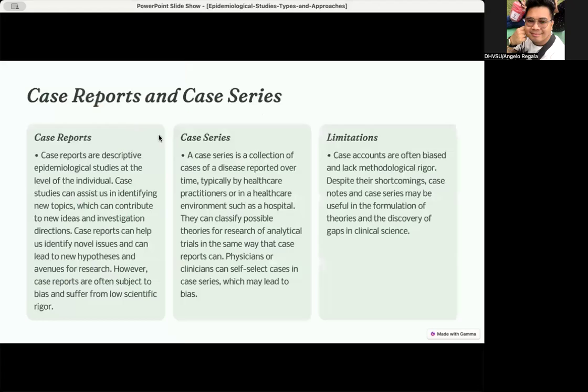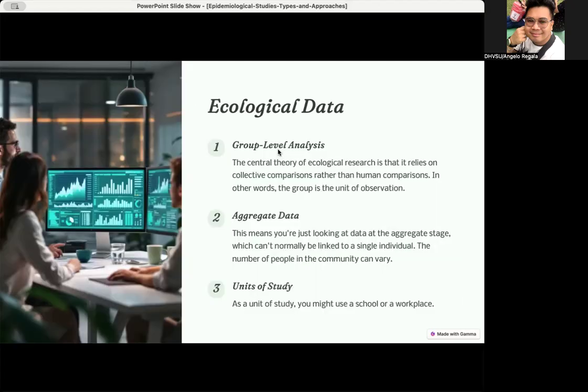Okay, so the data is aggregated, which means that you're just looking at the data at the aggregate stage, which cannot normally be linked to a specific person. So when we talk about aggregate in a general approach, the number of people in the community can vary, or the number of people involved may be different from the other groups, okay?